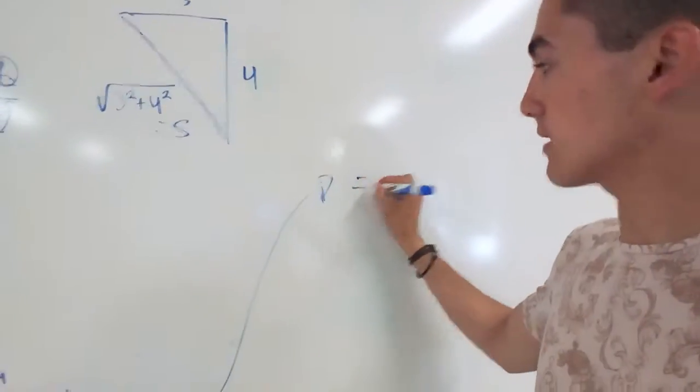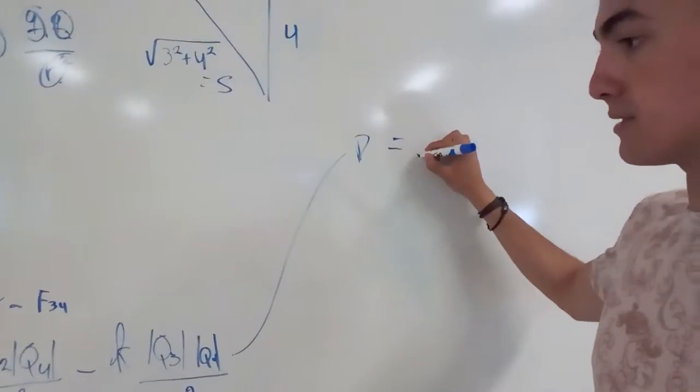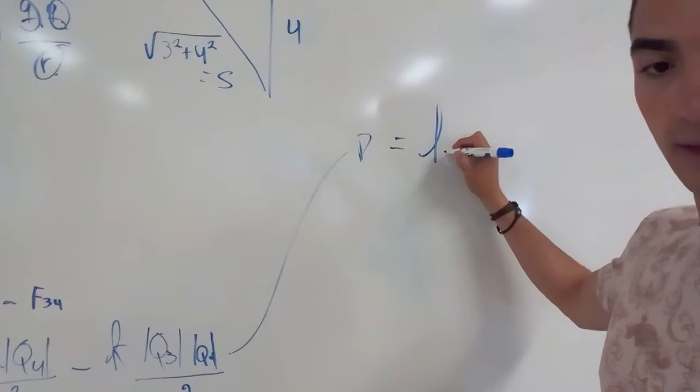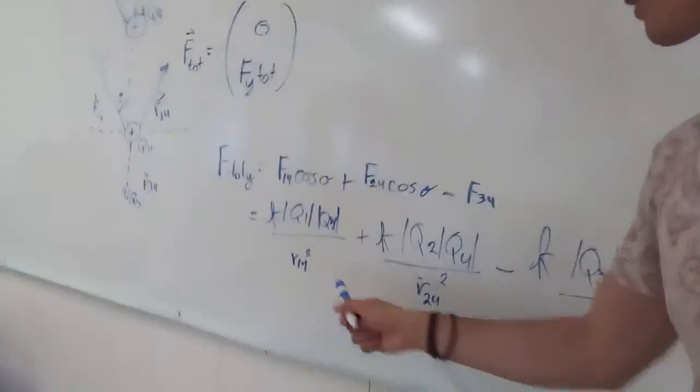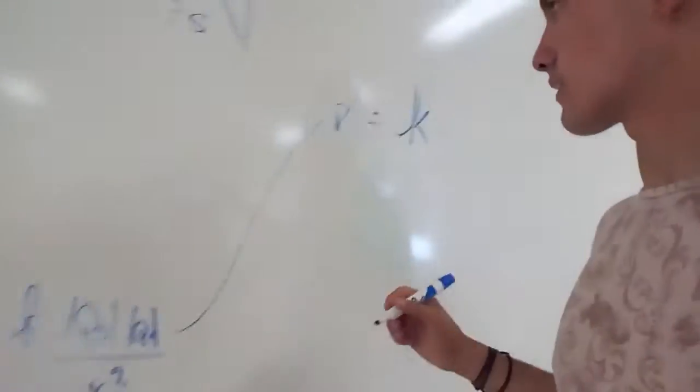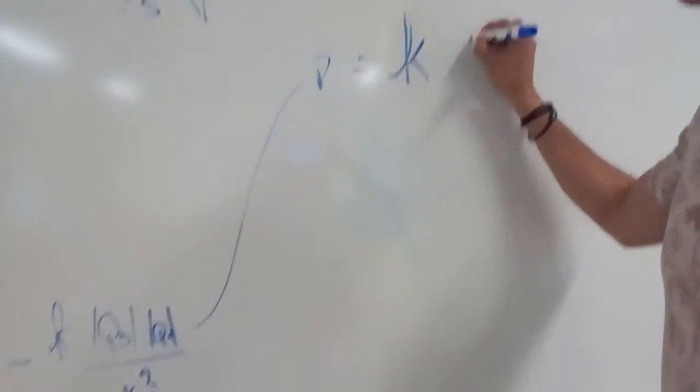This part will be equal to the constant, because the constant is in the 3 terms, and the charge 4 is also in the 3 parts. So we can take them out.